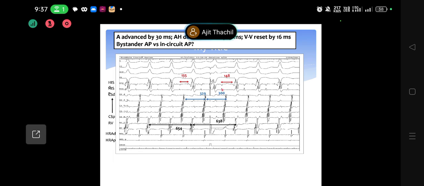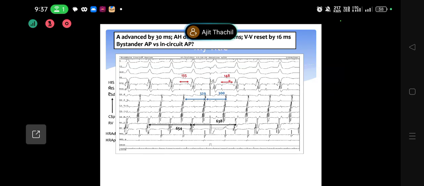Why are we able to make this inference now? Because of this. See, this early A caused some decrement in the transitional fibers of the AV node. So it was 135 during the tachy. It became 148 here.